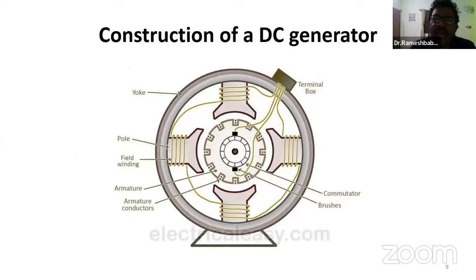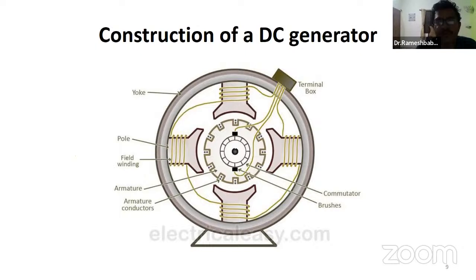Okay, so if they ask for the construction of the DC generator or DC motor, you need to draw this diagram. This is very, very important. The evaluator will check first whether you have drawn this diagram or not. This diagram indicates all the parts of the DC machine, generator or maybe a motor. So what are the main parts of the DC generator?